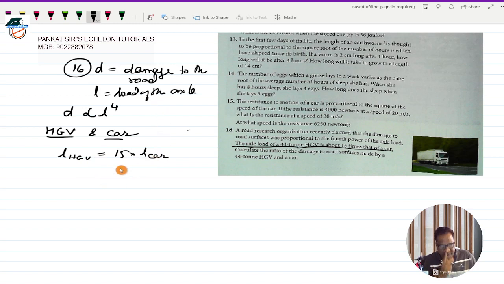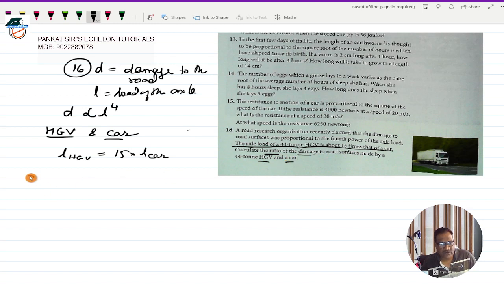Okay, fine. Now what he's asking you is to calculate the ratio of the damage to the road surface made by a HGV and a car. Now he is asking you to find out the ratio of what? He's asking you to find the ratio of the damage caused due to the HGV and that due to the car.